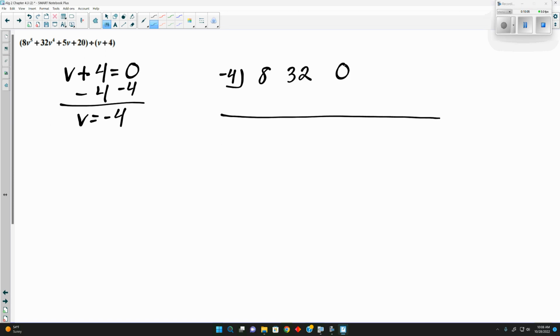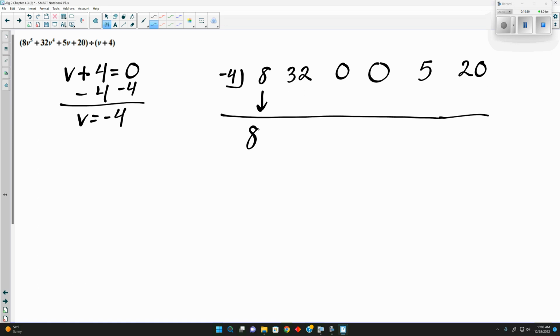So v to the third would be 0. V to the second is also 0. Then 20. Because we need every one. So we started out with v to the fifth, so I will need a number for v to the fifth, v to the fourth, v to the third, v squared, v, and our constant term. We have to have them all.